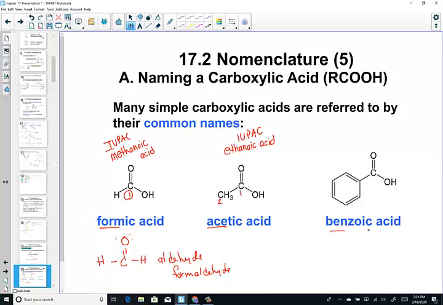And then here, the benzoic acid is the IUPAC name for the benzene ring with the COOH attached to it. There's your benzoic acid. You need to draw those and really commit those to memory because they will become parent names when we're using carboxylic acid nomenclature.